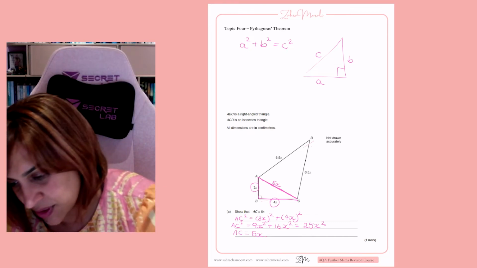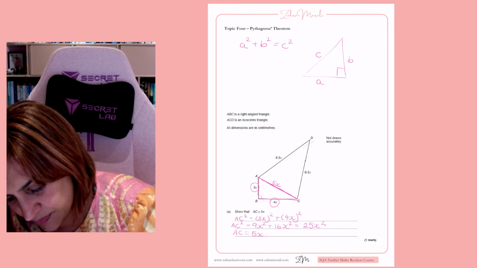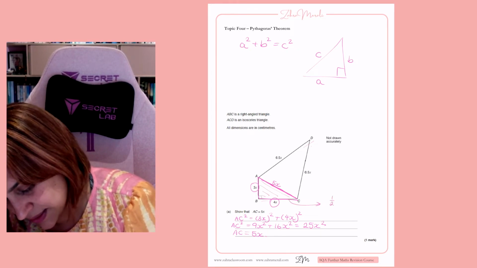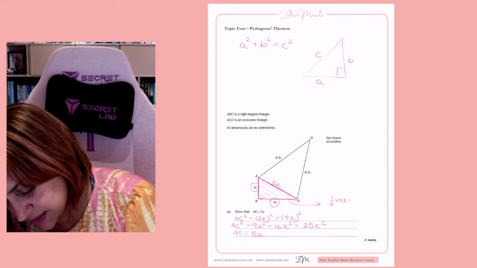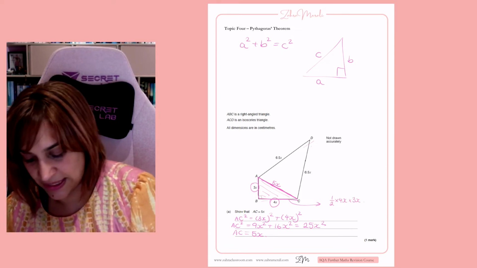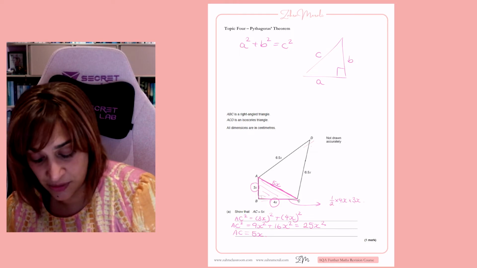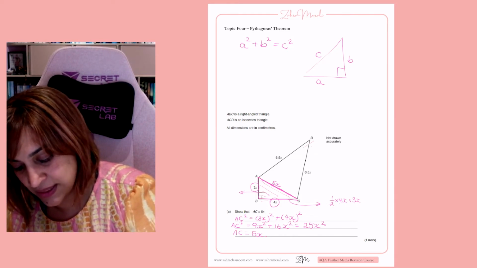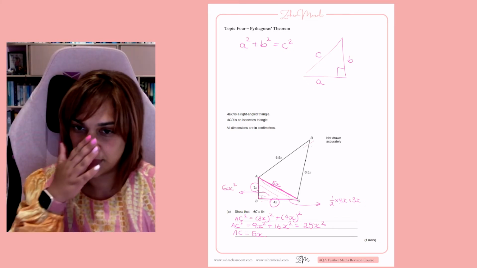We could start with the triangle at the bottom, because it's a right angle, so it's easier. So we've got half the base times the height. So we're going to get 4 times 3, which is 12, divided by 2, which is 6. So the smaller triangle at the bottom is going to be 6x squared.